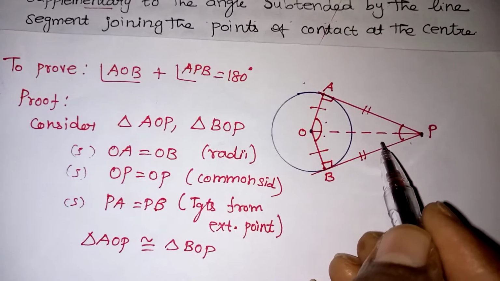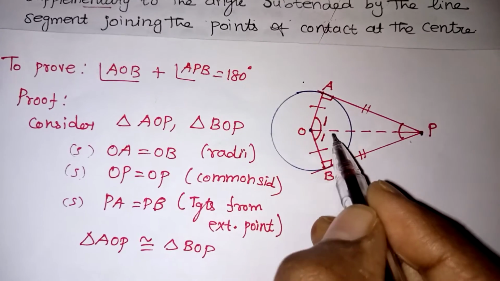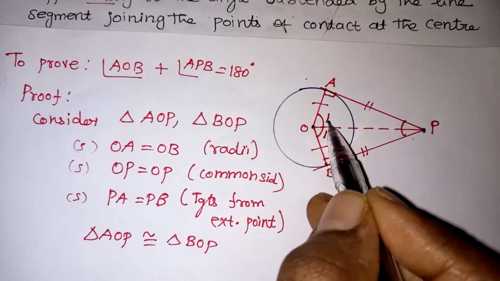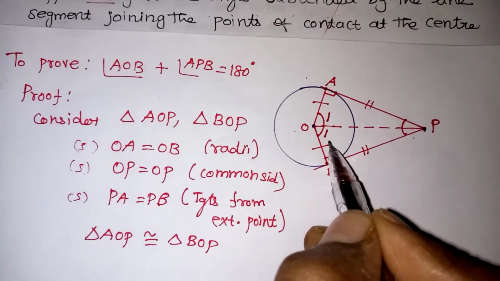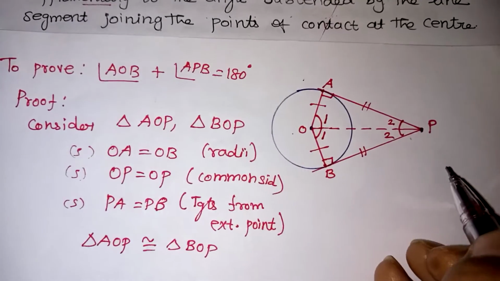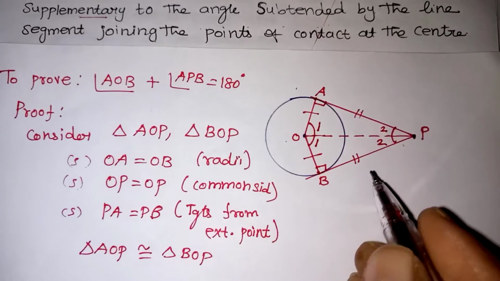All the remaining angles will be equal. Suppose this angle AOP is angle 1, then BOP is also angle 1. Suppose this angle is 2, then this angle will also be 2.